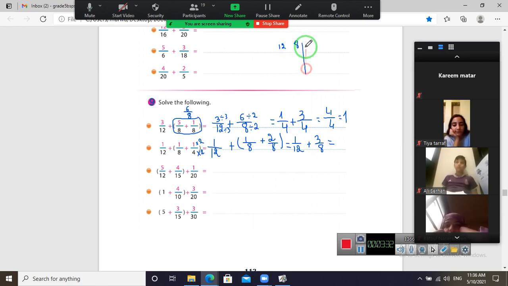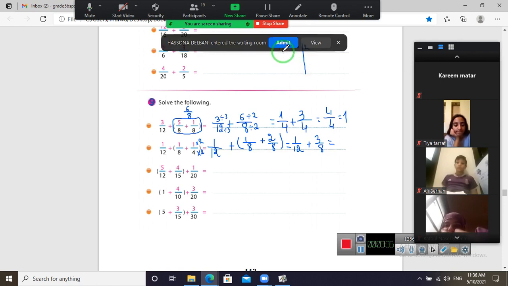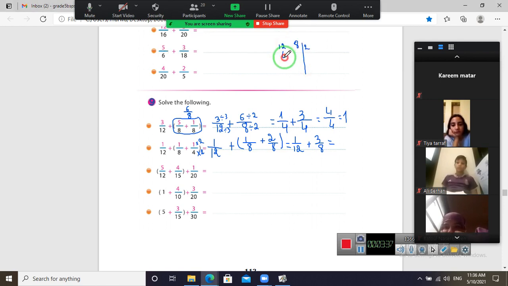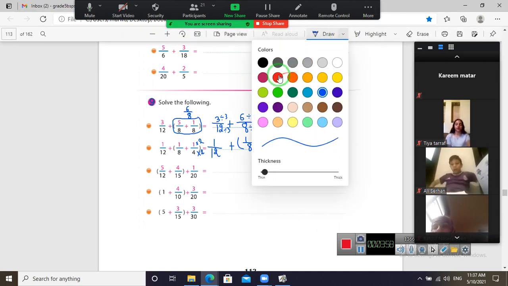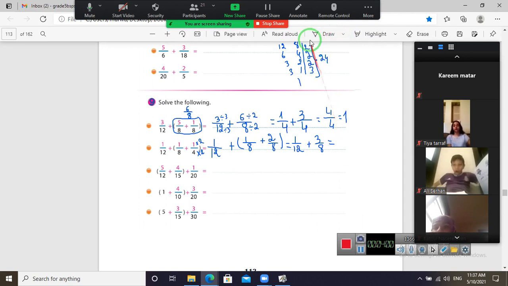We divide by 2. It's 6, 4, 2. It's 2, 3. By 2, I get 1 here and 3 here. By 2, by 3, it's 1. So here we are, the LCM is 8 times 3, it's 24. Now look at what I will do.